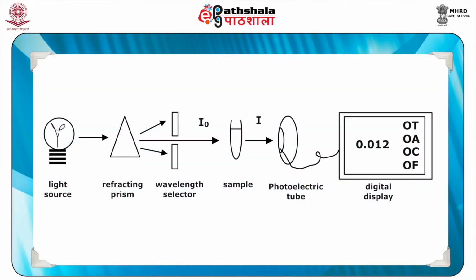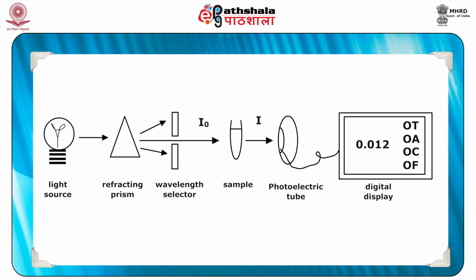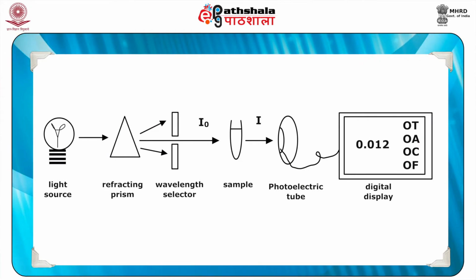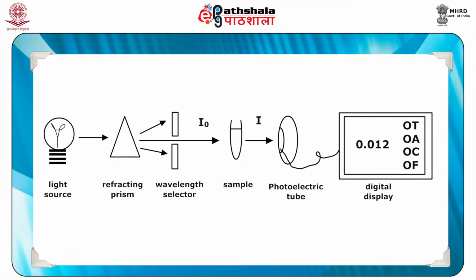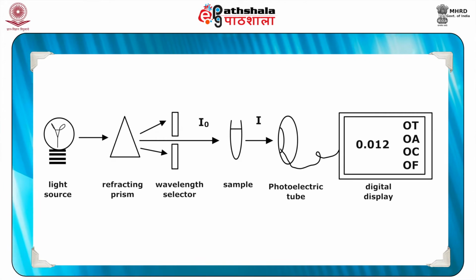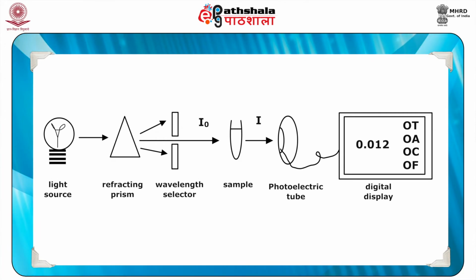The spectrophotometer is a sensitive device which can measure concentrations of substrates or products provided they absorb light in the wavelength range of 200 to 700 nanometers.